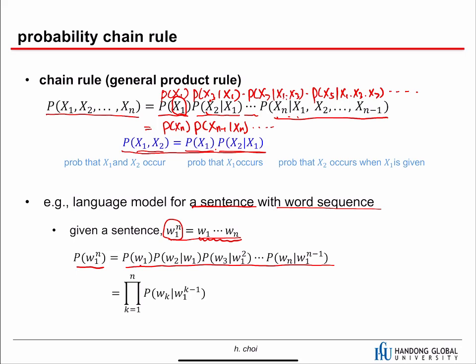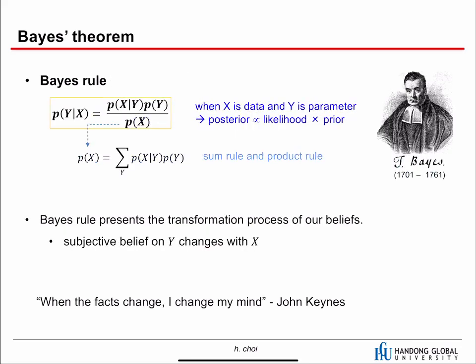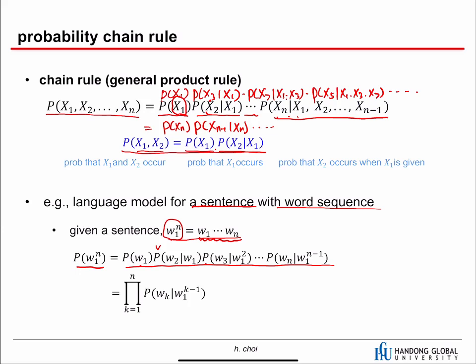This is the first word, this says the probability of the second word given the first word, and this one says the probability of the third word given the first two words. And this one says the probability of the last word given all the previous words. So we can summarize this equation and rewrite it in this way.